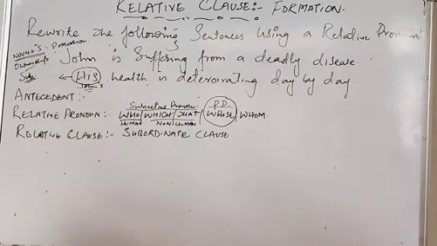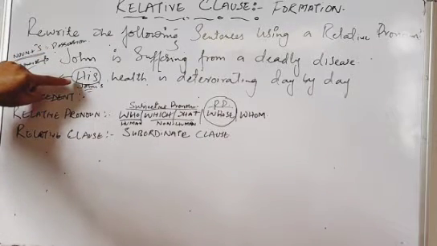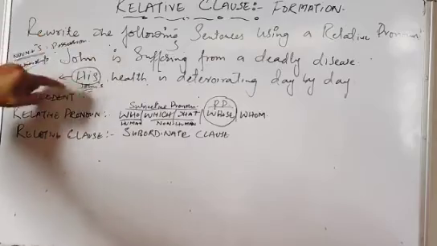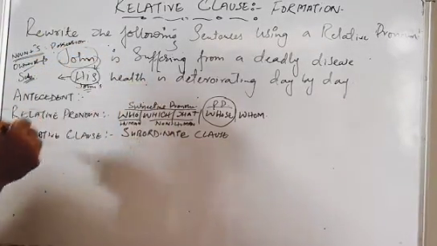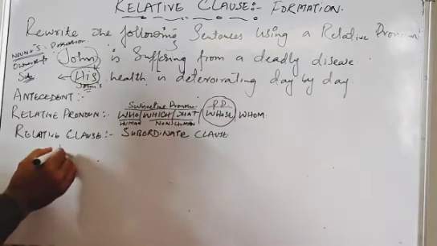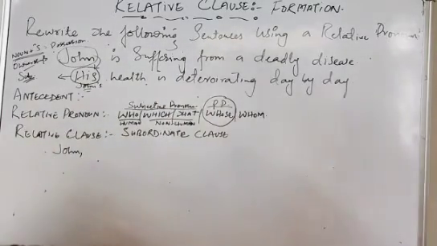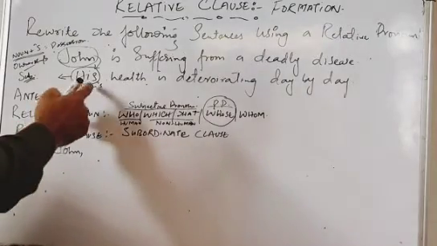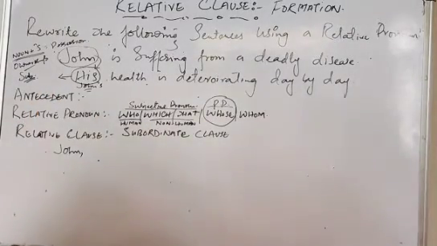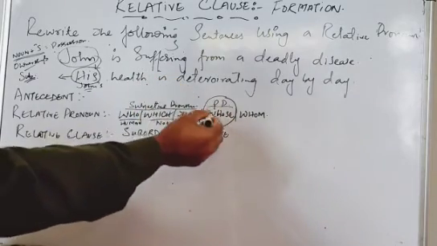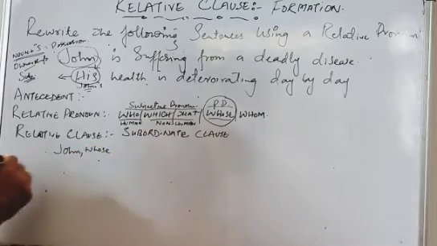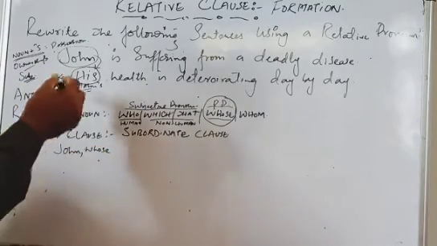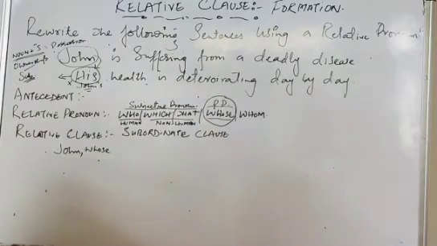First of all, let us see the antecedent. What is the antecedent in between? His is basically the later form of John. So John is the antecedent of his. We will write John, comma. Then, since a possessive pronoun is used, the relative or subordinate clause will be introduced by whose. John, whose. His has been mentioned in whose, so it will get deleted automatically.